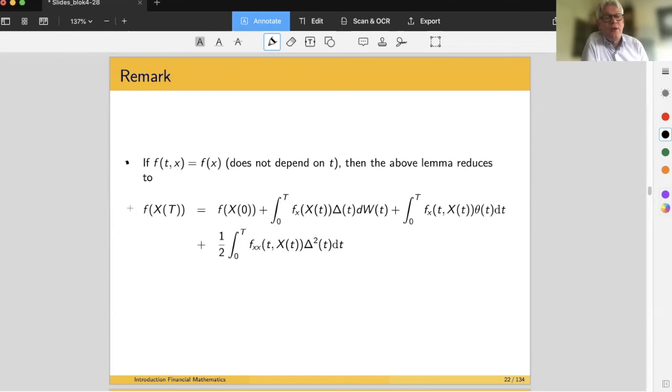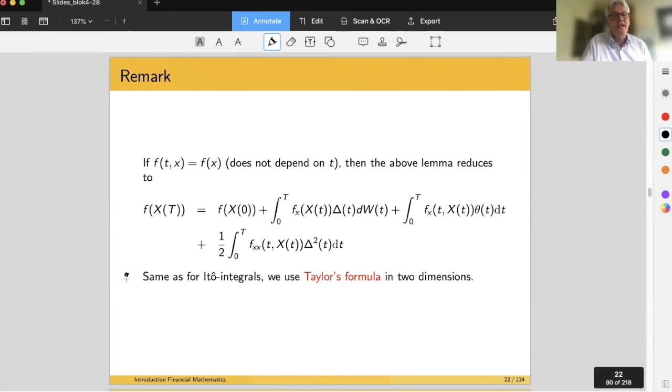It reduces to the following form: F of x of t is f of x of 0, plus the integral from 0 to t of df/dx dW, plus the integral from 0 to t of df/dx times theta t dt, plus 1/2 the integral from 0 to t of the second derivative of f with respect to x times delta square t dt. So the df/dt term disappears, as you can imagine. When the function doesn't depend on t, we will not have any first derivatives with respect to t.